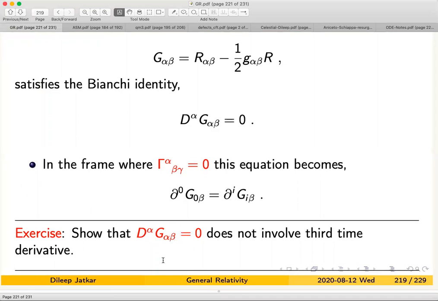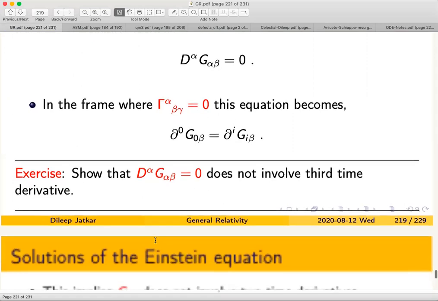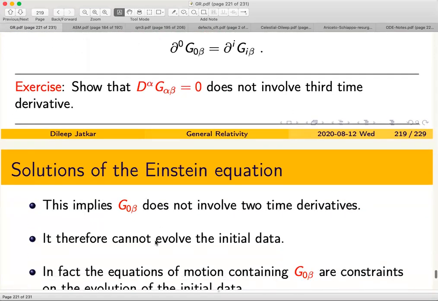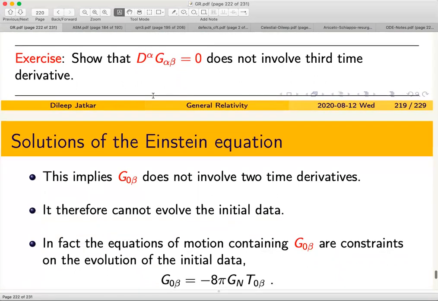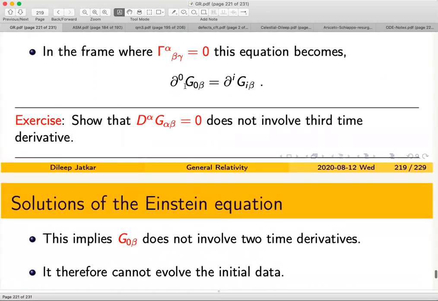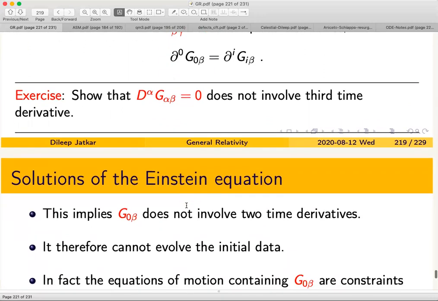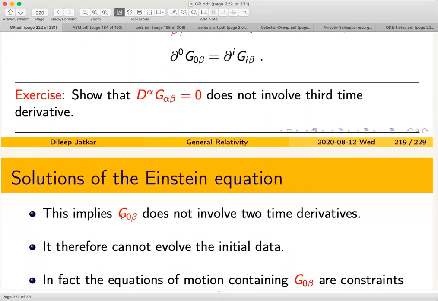So if this equation does not involve third time derivative, this would imply that g0 beta, which is the quantity here, has a derivative acting on it. But since d alpha g alpha beta equals 0 does not involve third time derivative, one time derivative is already here. So g0 beta does not involve second time derivative. Okay, so it does not involve two time derivatives at all.